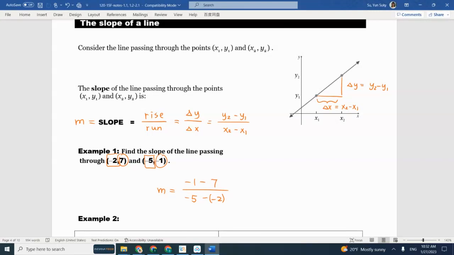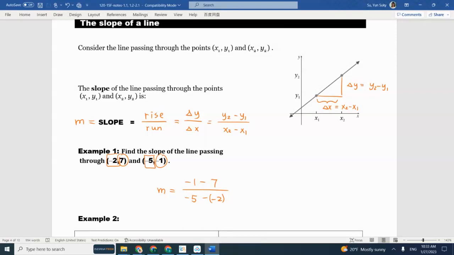Yes, everybody? Sometimes you can switch the order, but make sure you use y2 minus y1 over x2 minus x1. Don't just flip one of them. Make sure this is the same point and this is the same point.